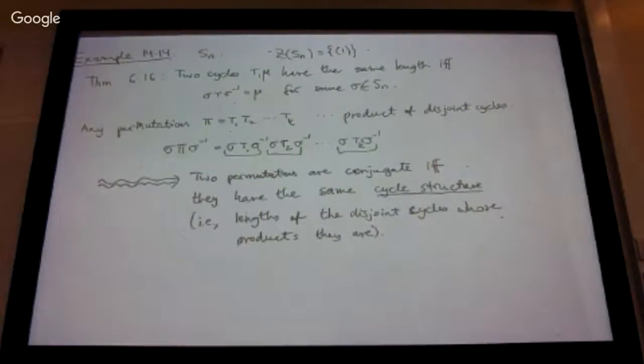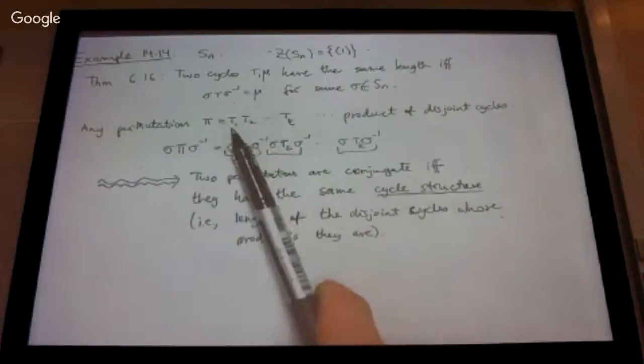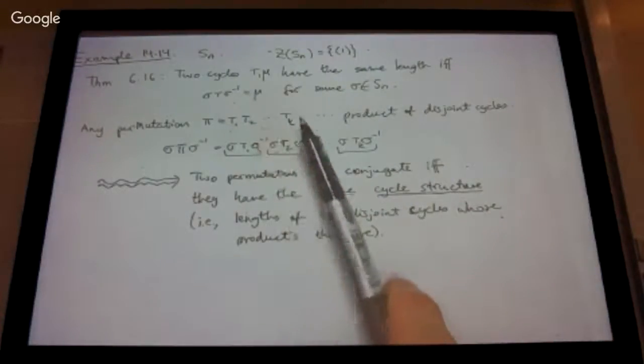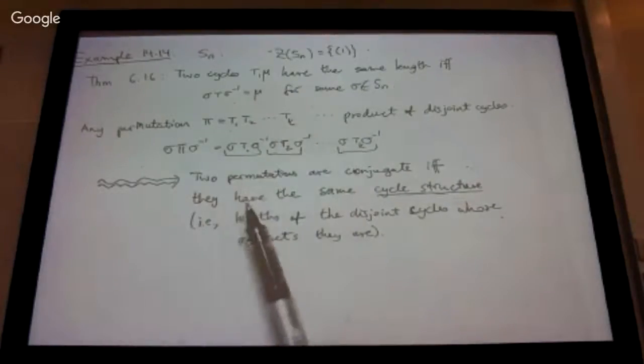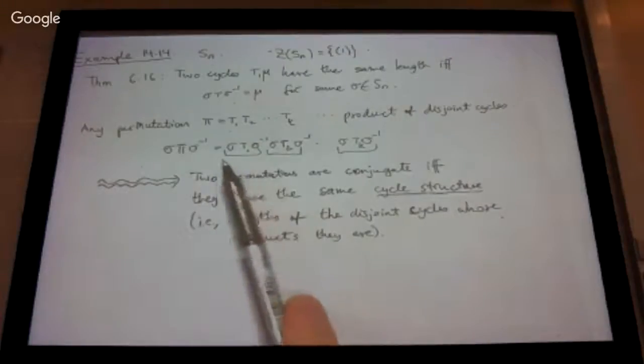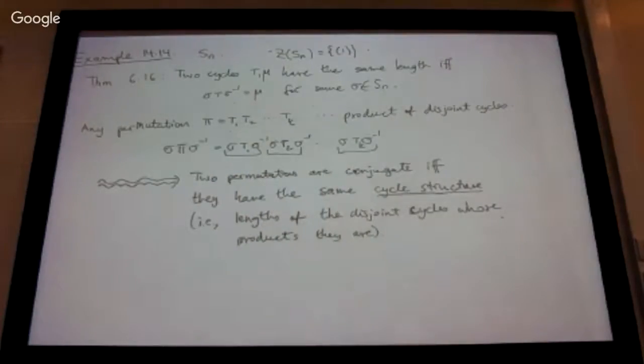So there's a length of tau 1, length of tau 2, and so on, up to the kth length, and then any conjugate permutation will have exactly the same lengths of cycles.